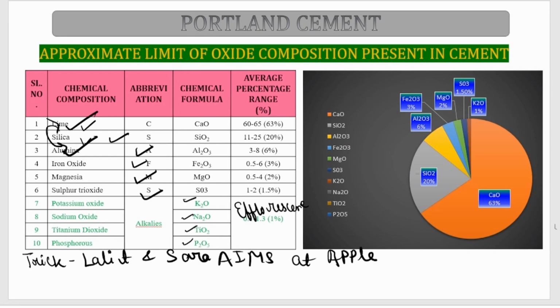Just take the first letters, that is L, S, and take this A, I, M, M, S and A. So this represents your lime, silica, alumina, iron oxide, magnesia, sulfur trioxide and alkalis.